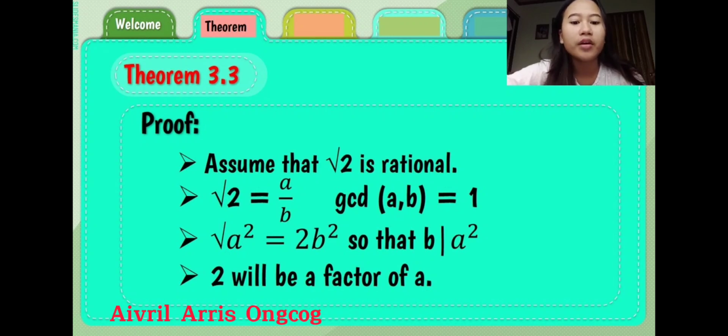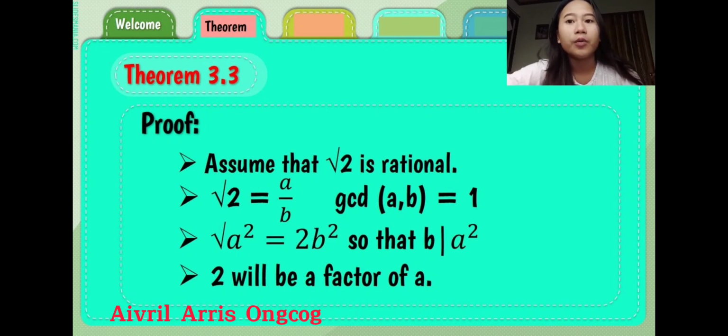Next is squaring both sides. We have the square root of 2 squared, which is 2, equals a squared over b squared. The b squared in our denominator moves to the top on the left side.